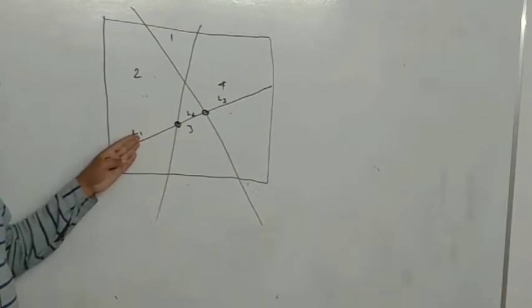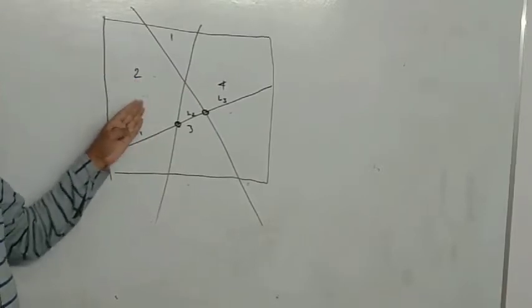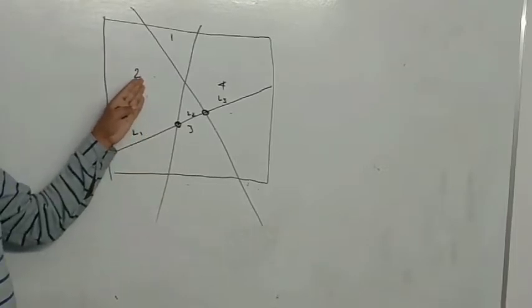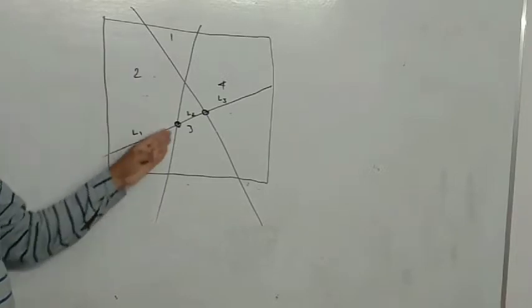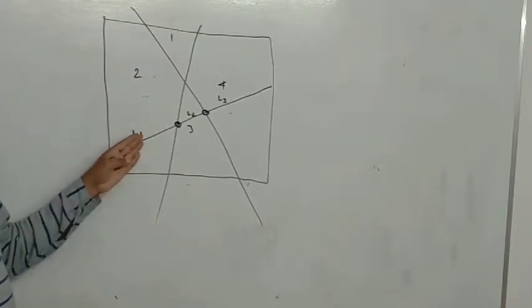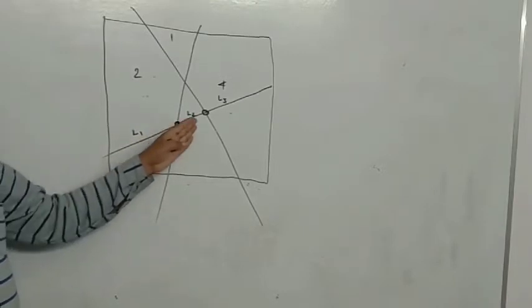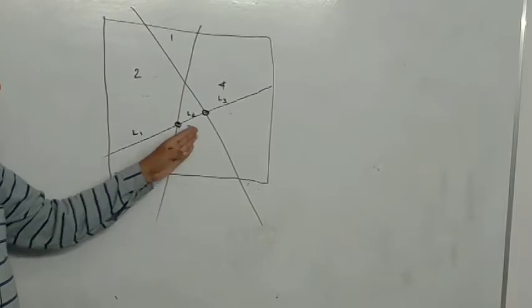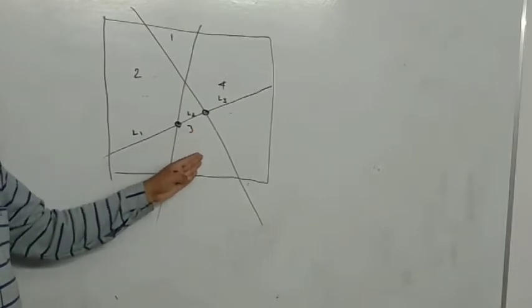That means L1 is passing through zone 2, and when L1 is passing through 2, then L1 is dividing zone 2 into 2 parts. So L1 is giving a new zone. L2, when L2 is passing through 3, then L2 is giving a new zone.